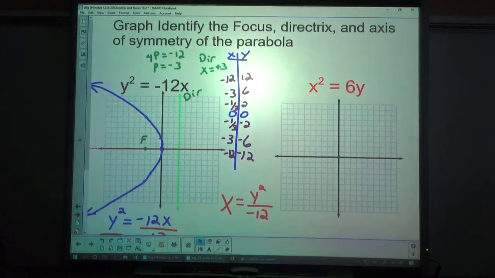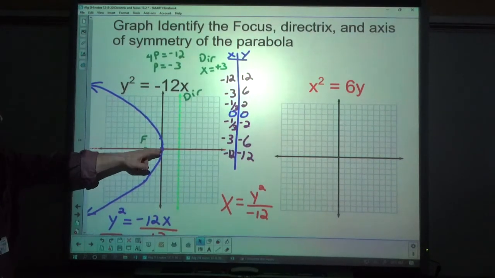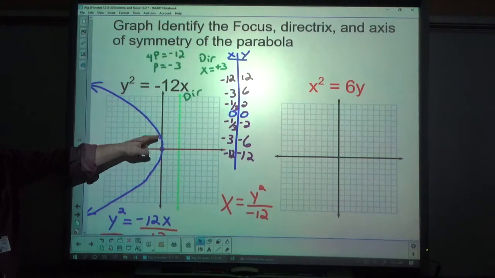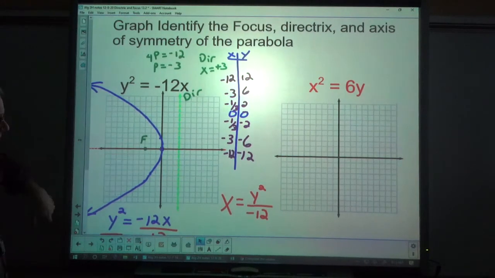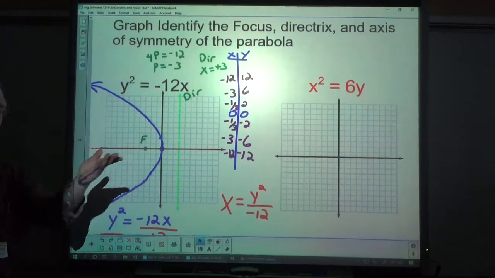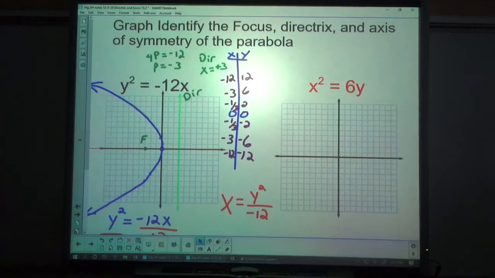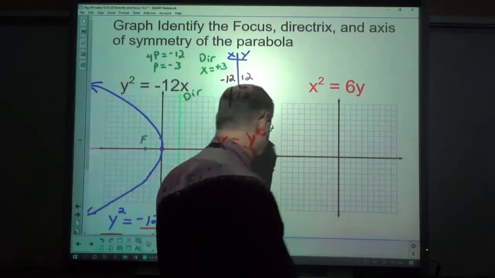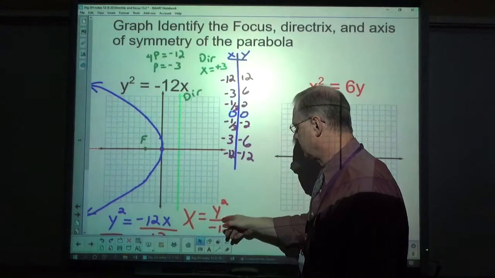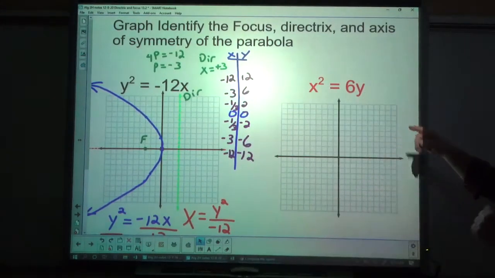It's a line that cuts the vertex in half, and what's on one side is on the other. That's why it has to be a horizontal line. All right, now that we've done that one, let's put this under here. Now we're going to approach this one.